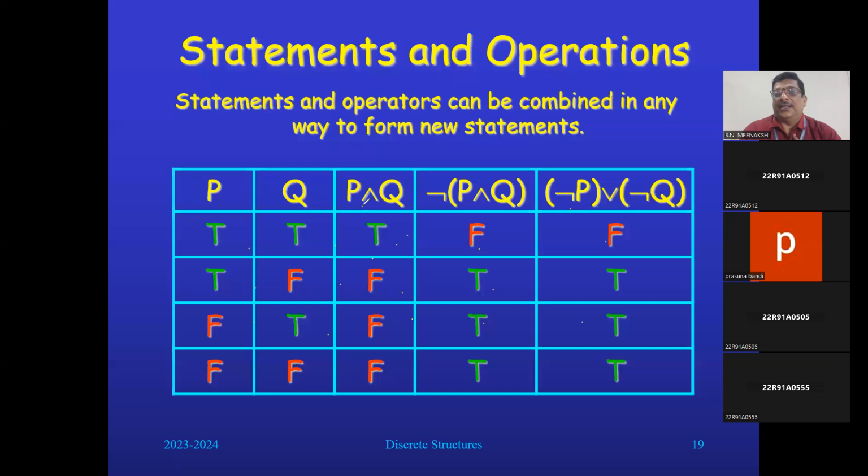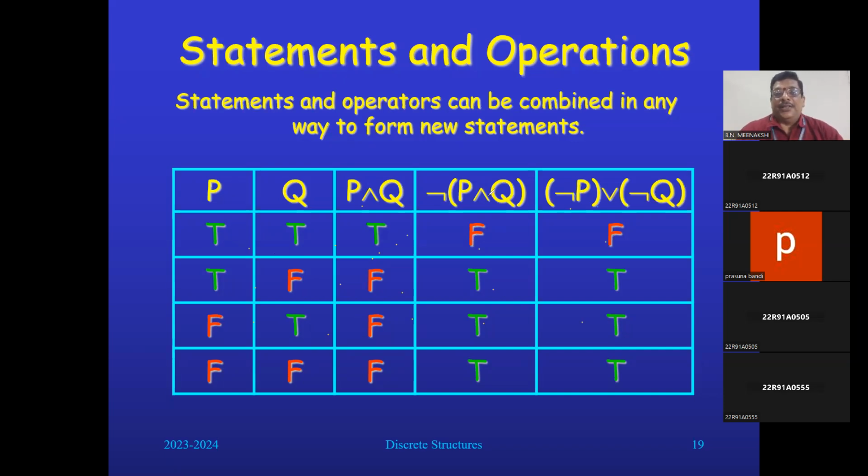If both are false, the result will also be false. So if P is true and Q is true, then P conjunction Q is also true. If P is true and Q is false, the resultant will be false. If P is false and Q is true, the resultant will be false. If P is false and Q is false, the resultant will be false.